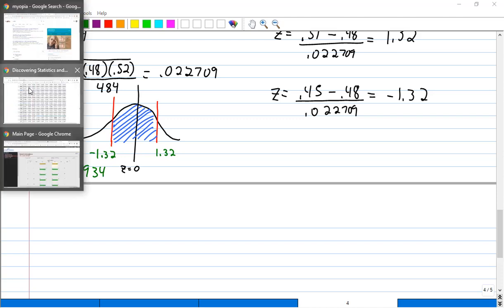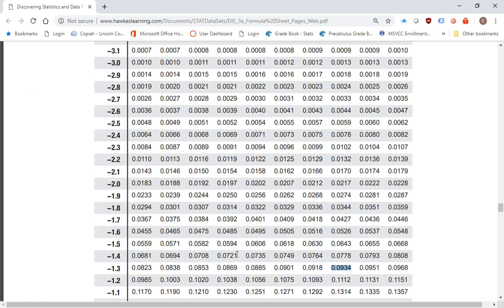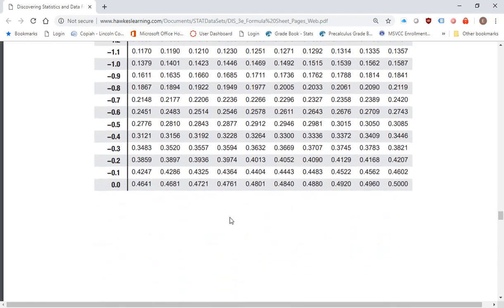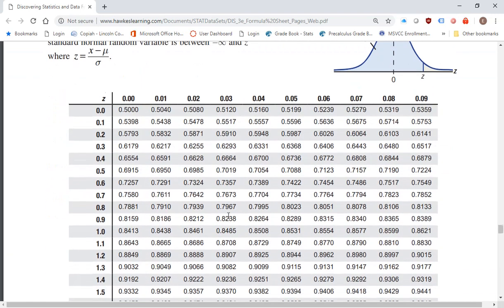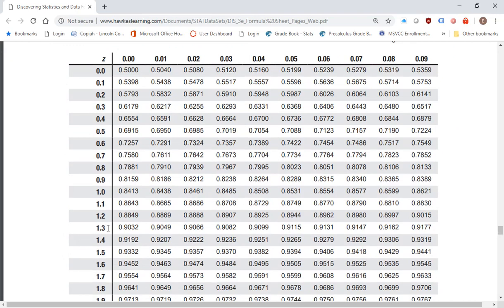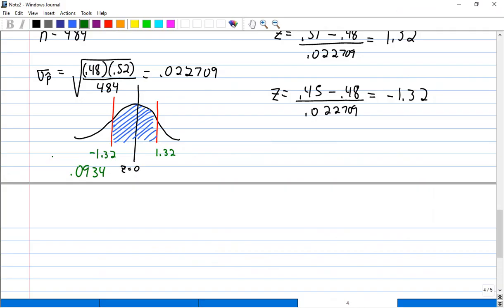And now positive 1.32. Positive 1.32 gives 0.9066. So we say the bigger number minus the smaller number.